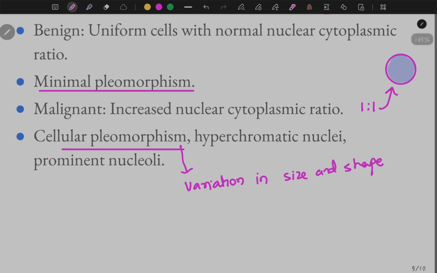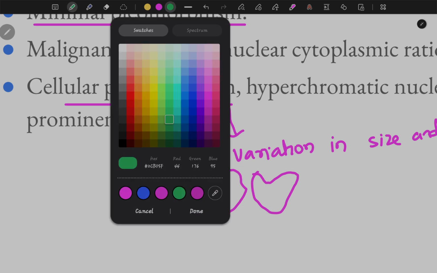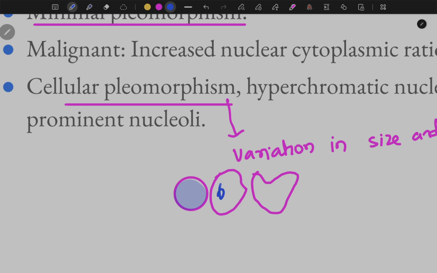If this is one cell of a malignant neoplasm, another cell may have a different shape, and the nucleus can also have different shapes.